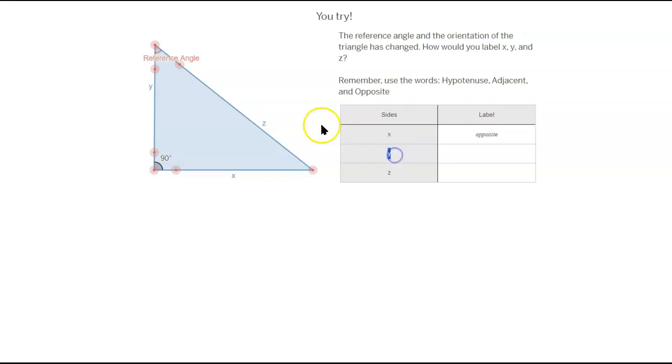Then we're looking at Y. Here's Y. It's touching our referenced angle. It's next to our referenced angle, and it's not the hypotenuse. That means it's the adjacent. And that leaves us with Z, which is our longest line, and we call that our hypotenuse.